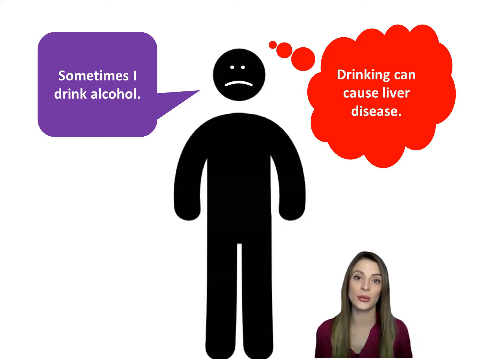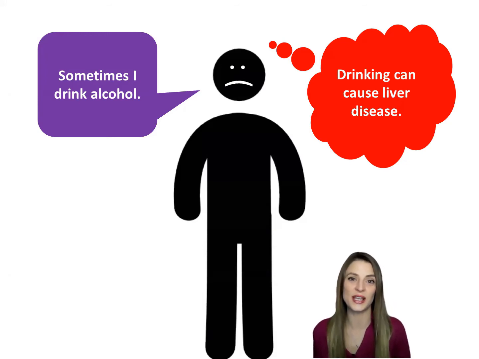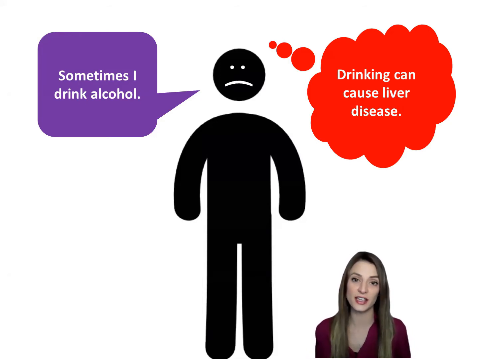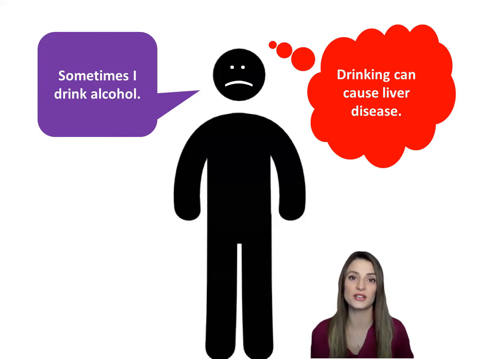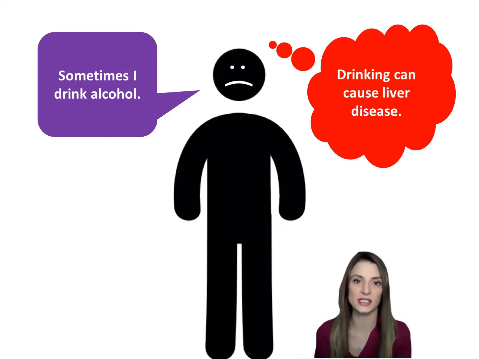Imagine someone who drinks alcohol also knows that drinking alcohol can cause liver disease and other health issues. This conflict between drinking alcohol but knowing that alcohol is not good for the body is what causes cognitive dissonance, and cognitive dissonance is the uncomfortable state.